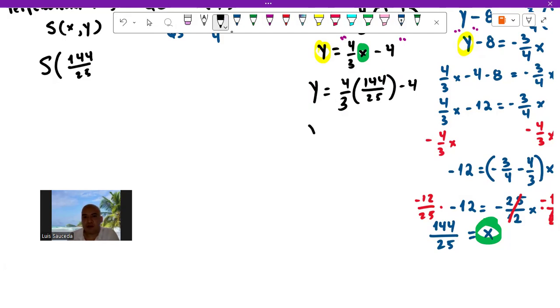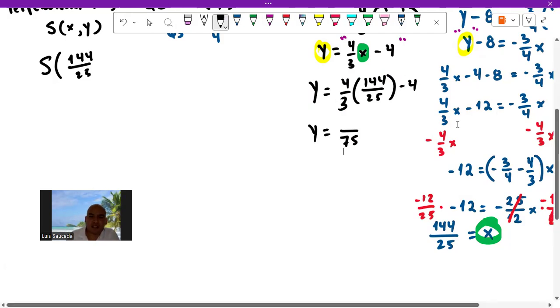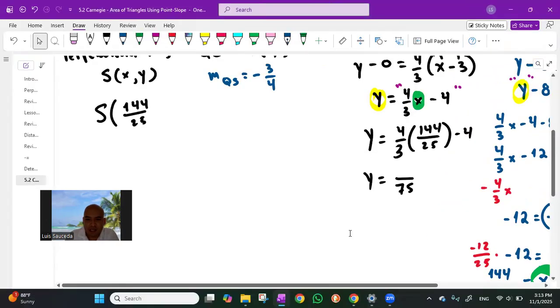And this will give you y is equivalent to, well, I know that 3 times 25 is 75. And I know that 4 times 144, that's a pretty big number, but I believe that's 596. But let me double check because I don't want to make any more mistakes, right?